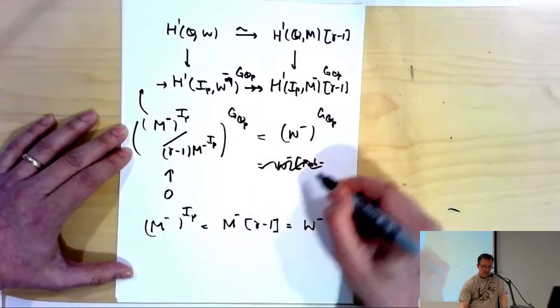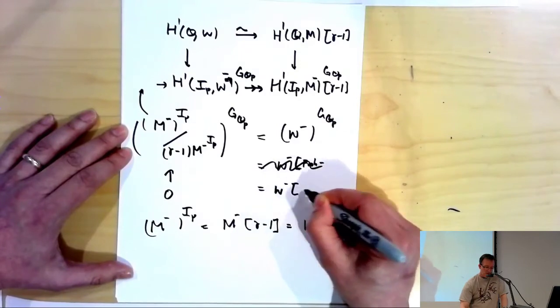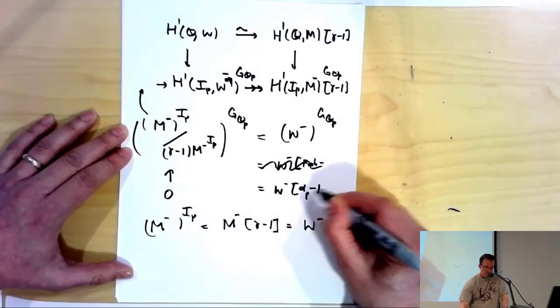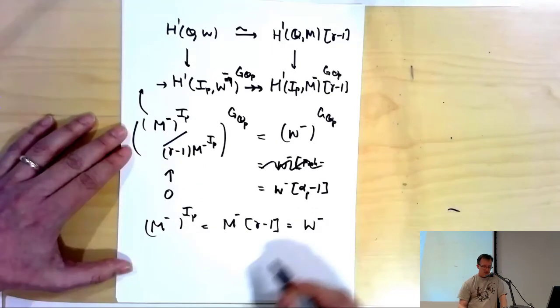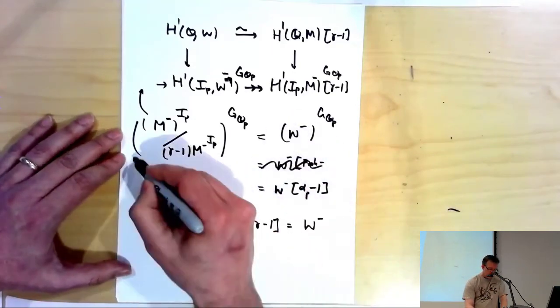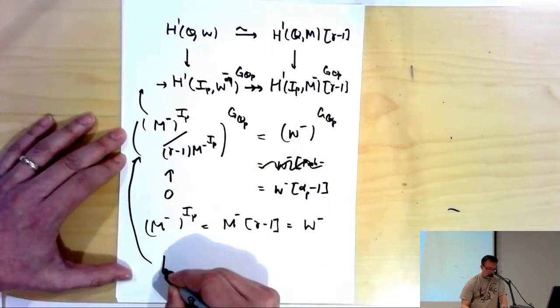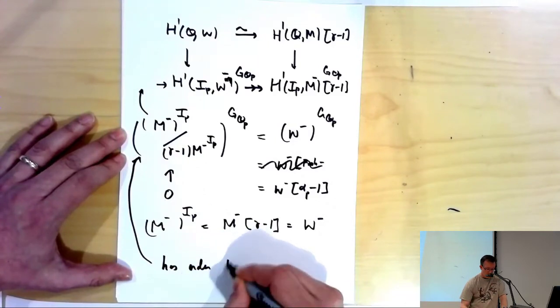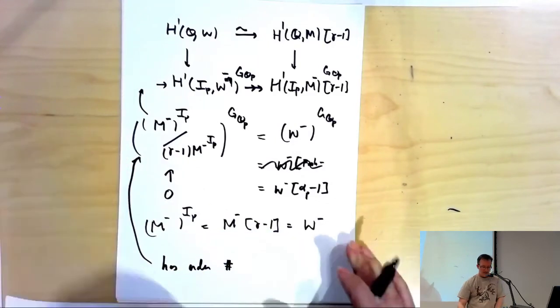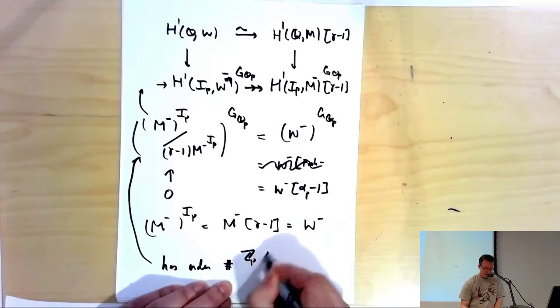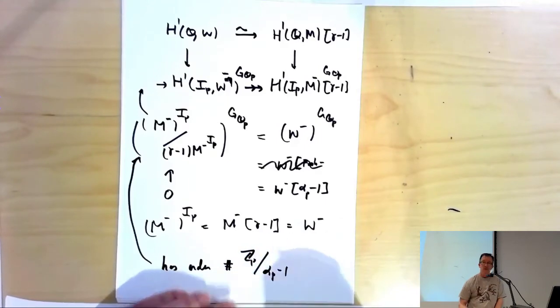What it really is, is where alpha_p is equal to 1. So the whole point of this is that this has order, the order is the size of just Z_p modulo alpha_p minus 1.